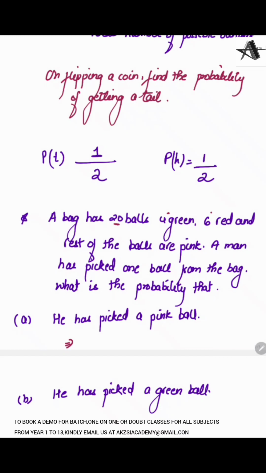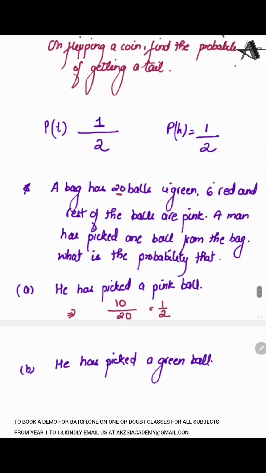So if you want to pick a pink ball, there are 10 balls, and he can pick any one of them. So he has 10 choices, over the total possible outcomes. If a bag has 20 balls, he can pick any ball. Now I'm not specific to the pink ball only, I'm talking about the total number of balls, that would be 20. So picking a pink ball is half in this case.